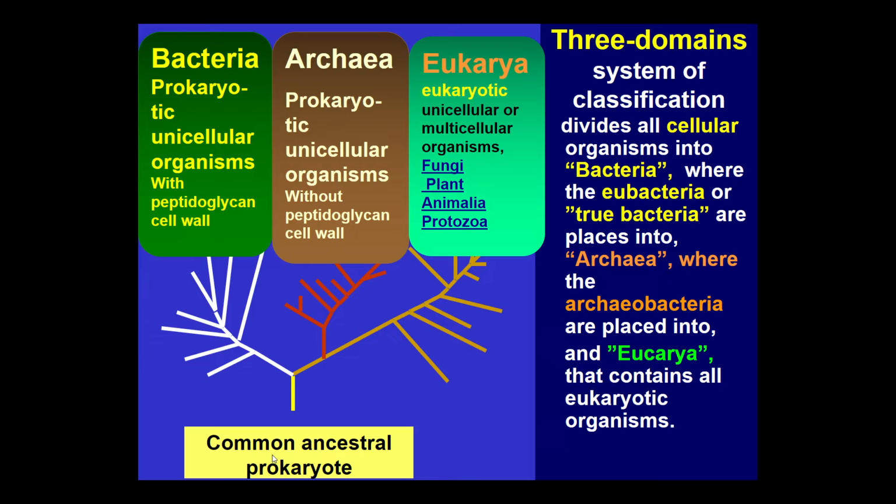So, why is this classification better? Of course, I have shown it in a simplified scheme. But this scheme demonstrates that all those organisms on Earth come from common ancestral prokaryotic organisms.